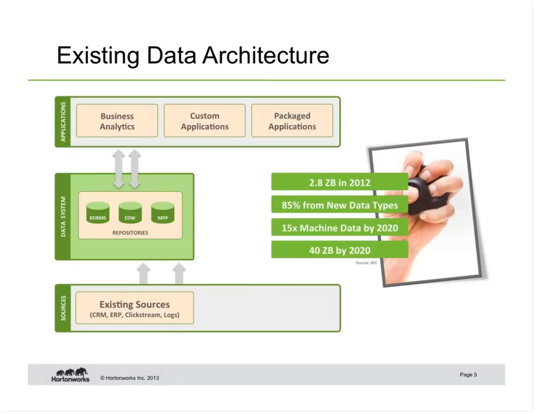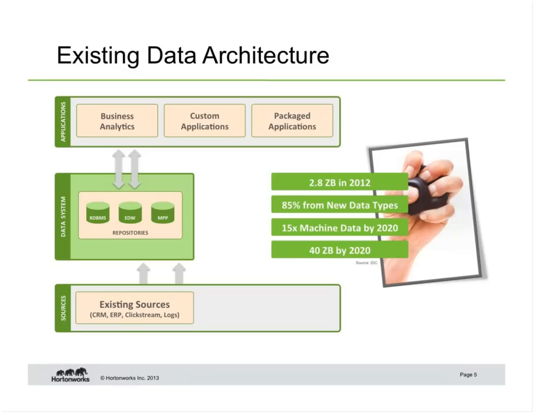Then they do additional analytics at the top layer through applications and tools, either custom-built analytics, analytic solutions from SAS, or packaged analytic applications. This is that existing infrastructure. Again, a very simplified view, but it represents what most organizations have today.